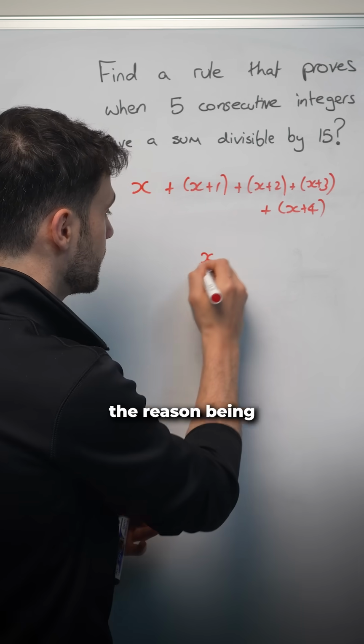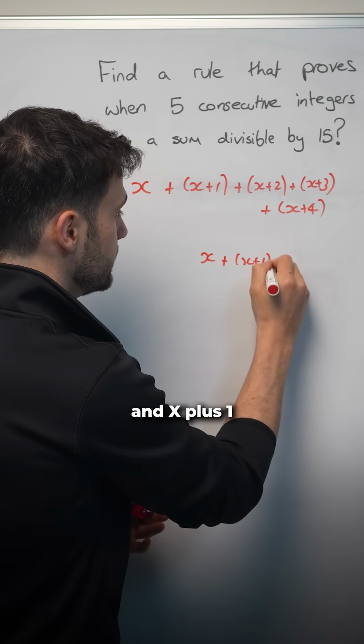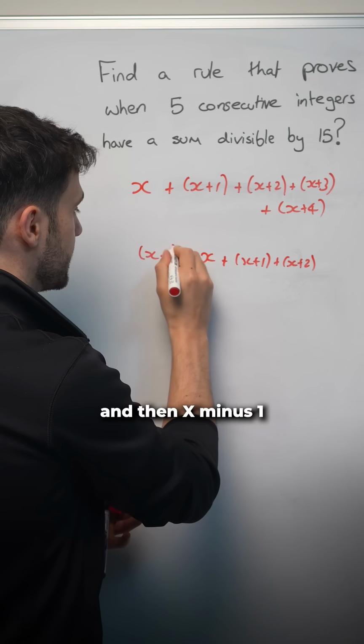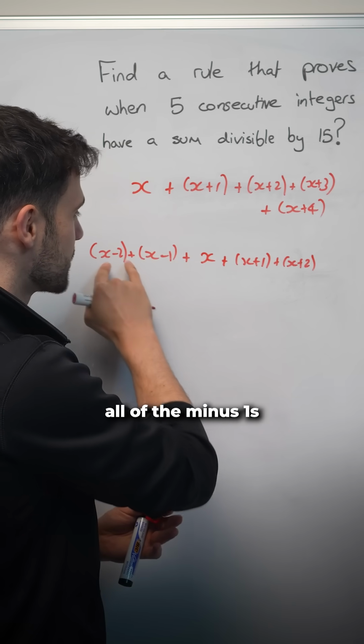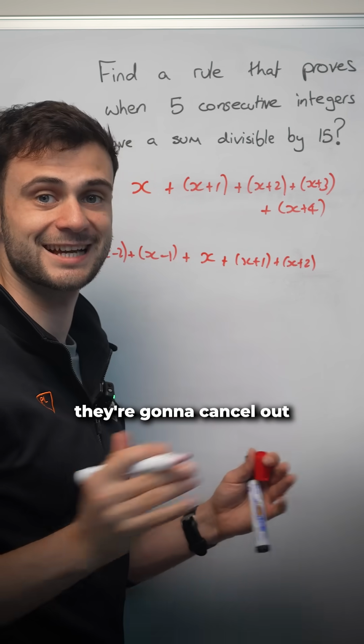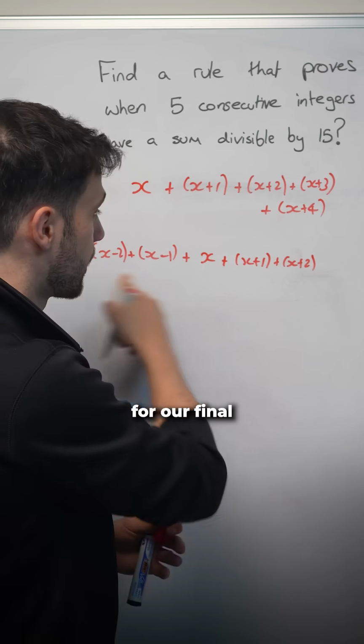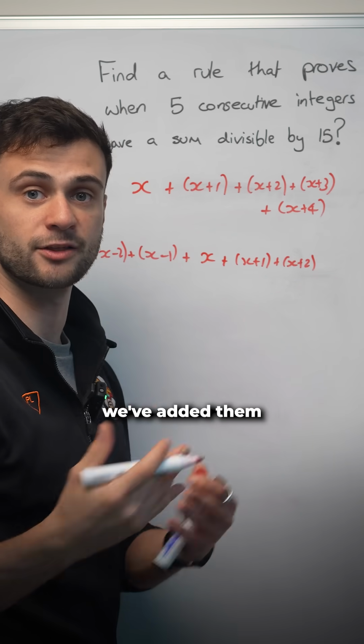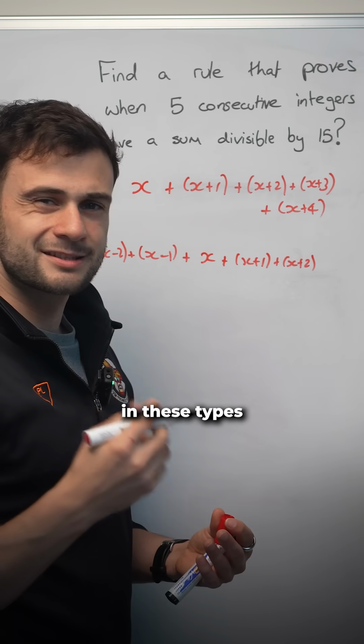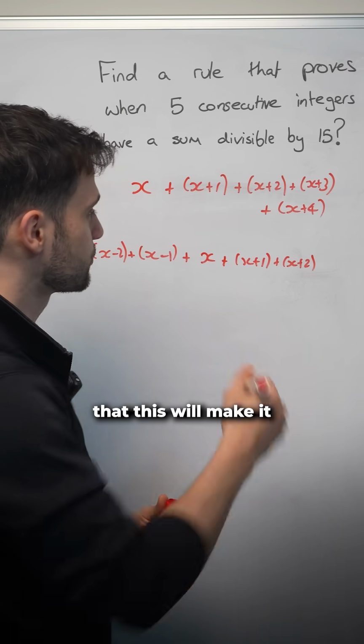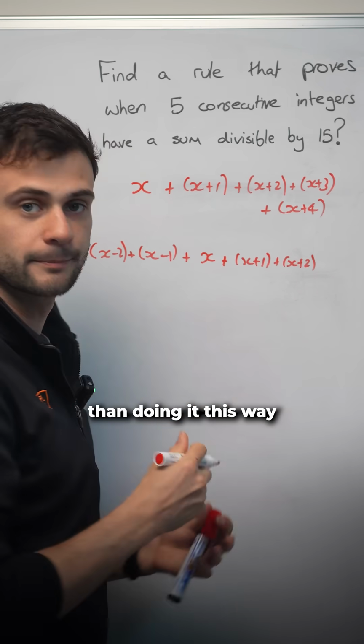The reason being, if we have x and x plus 1, x plus 2, and then x minus 1 and x minus 2, all of the minus 1s, minus 2s, plus 1s, plus 2s, they're going to cancel out. So it's going to be a little bit simpler for our final algebraic equation once we've added them all together. And this is quite common in these types of consecutive number problems, that this will make it slightly simpler than doing it this way, but both would work.